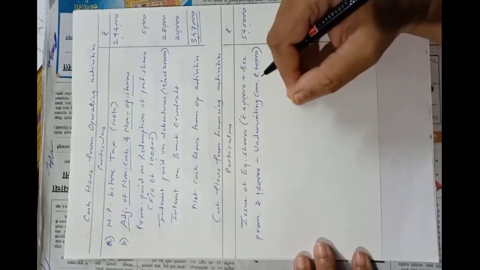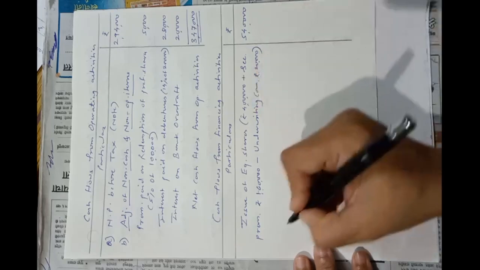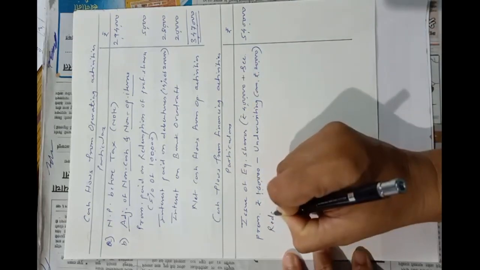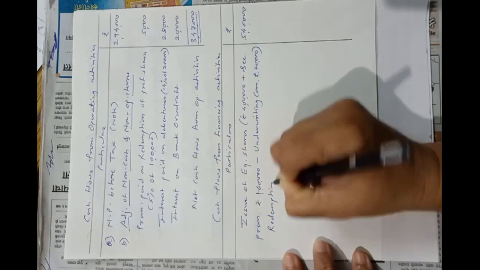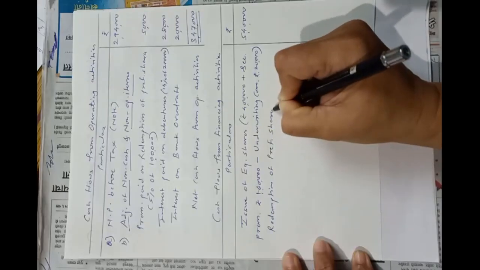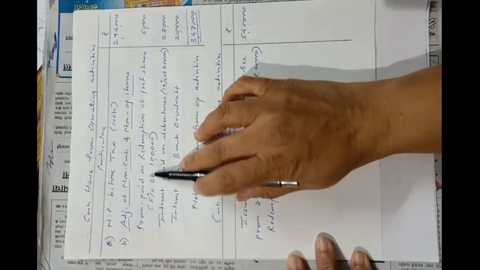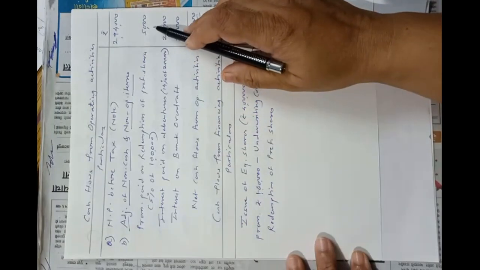ओके, नाउ सेकंड पॉइंट इज रिडम्शन ऑफ प्रेफरन्स शेअर्स. So redemption of preference shares. Now the amount. Redemption is of rupees 1 lakh and we have calculated here premium paid on redemption rupees 5,000.